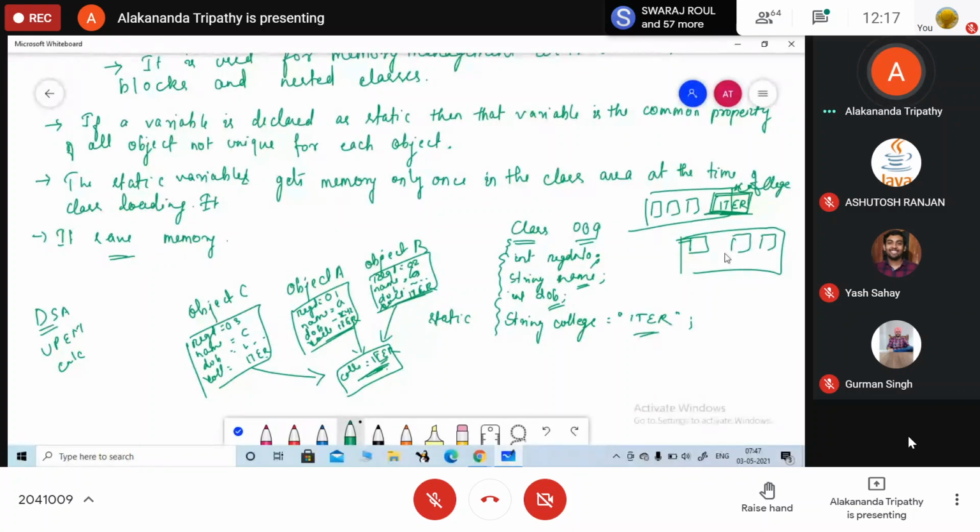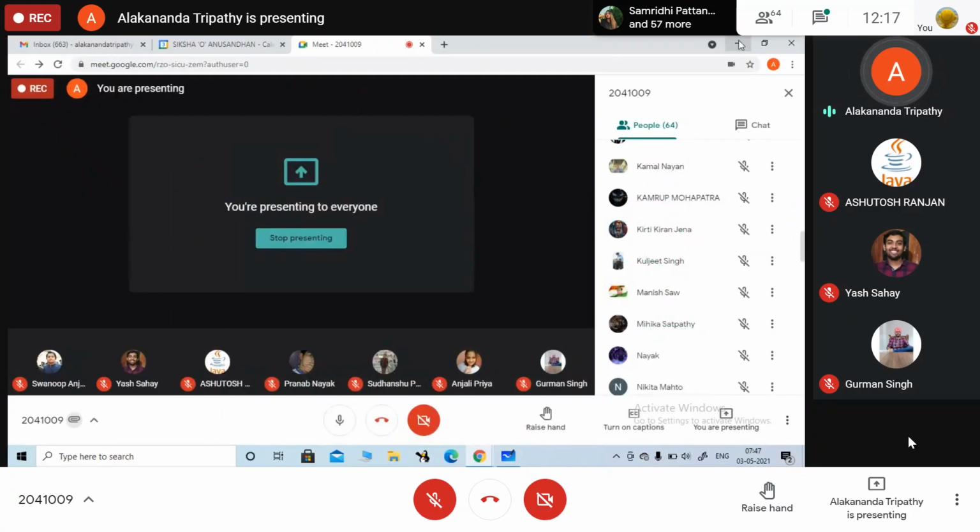I am just showing you one example. You will get clear on it. Should I move to the example part? Yes, ma'am. It will not be in heap memory. It will go to the non-heap area, which we can also call the class area. I'm just moving to the example part. You will get the idea.